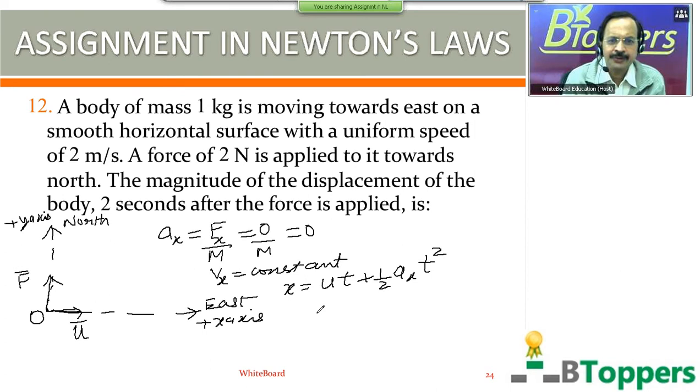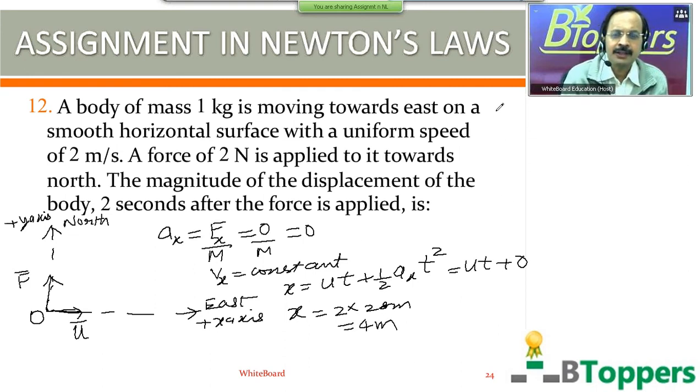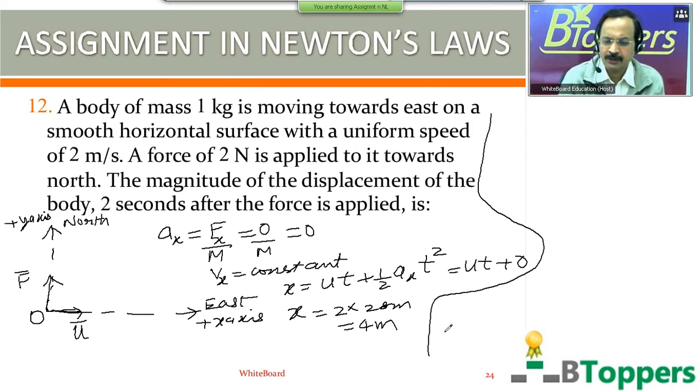But acceleration in the x direction is 0. Velocity in the x direction is a constant. So that can be written as u into t, because acceleration in the x direction is 0. At t equal to 2 seconds, u is 2 meter per second, so you get x equal to 4 meters.